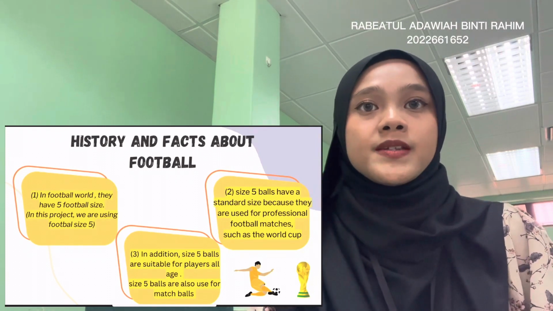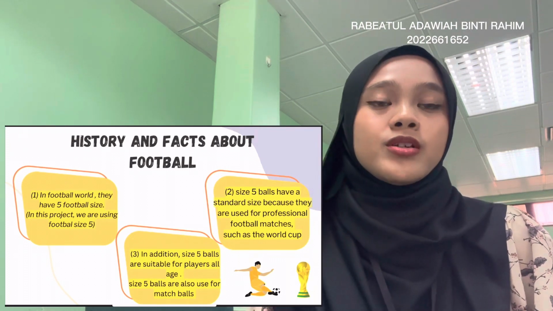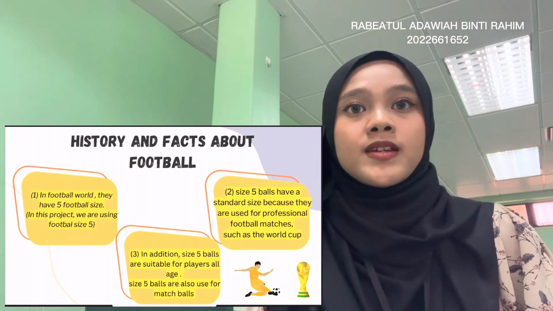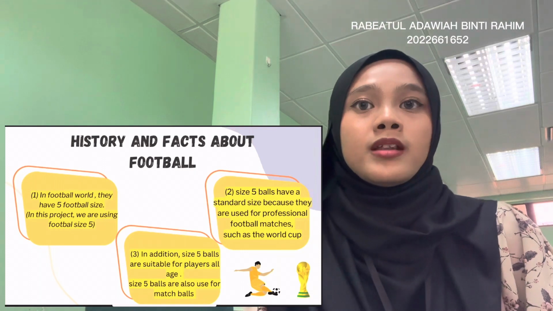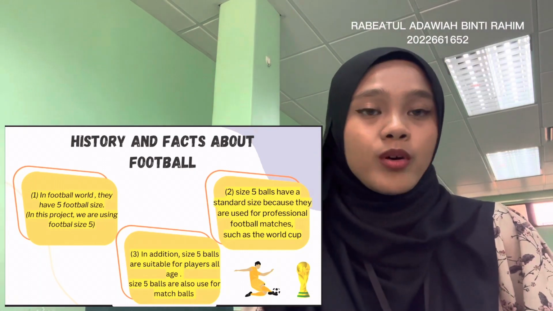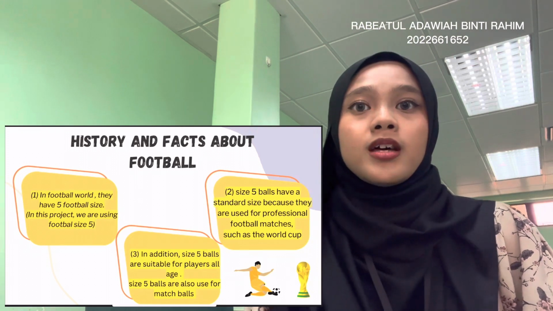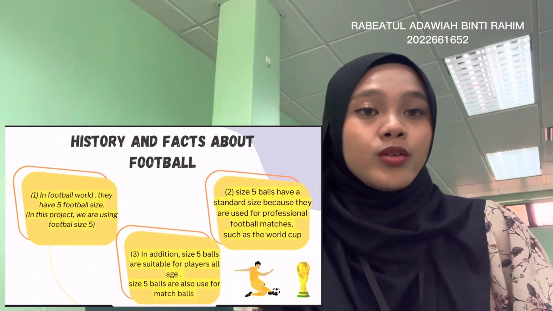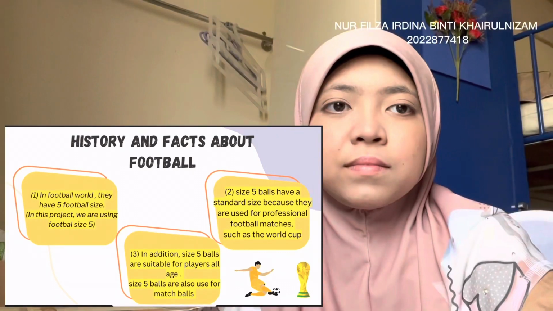Second, size 5 balls have a standard size because they are used for professional football matches such as the World Cup. And lastly, size 5 balls are suitable for players of all ages. Size 5 balls are also used as match balls.